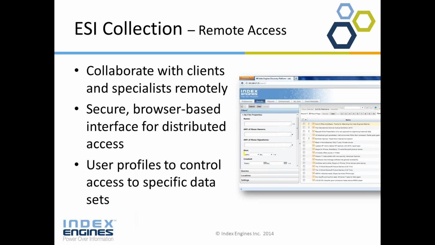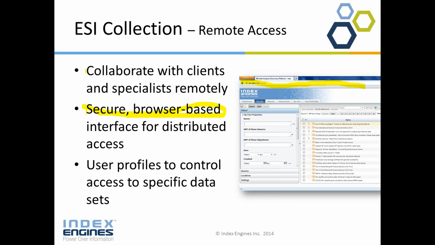A lot of the collaboration that we see as a requirement is the ability to collaborate with your clients and your legal teams, your inside, your outside counsel, your partners, and so on. So the Index Engines Octane platform has always had a browser-based interface. The fact that it's browser-based allows you to remotely collaborate with your clients, providing a secure connection to the data set.